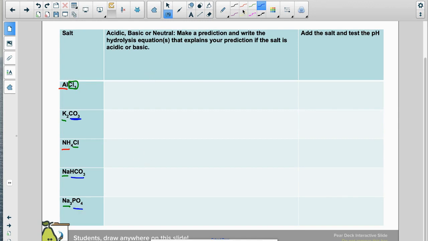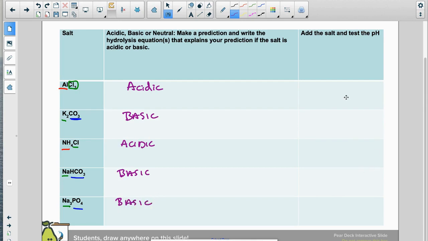So we would expect, based on this, that this is going to be acidic. Aluminum chloride will be acidic. This will be basic, because of the CO3 2- we have a basic ion. This is acidic. This is basic. And the last one is also basic.